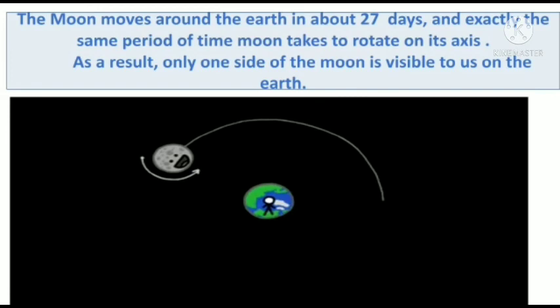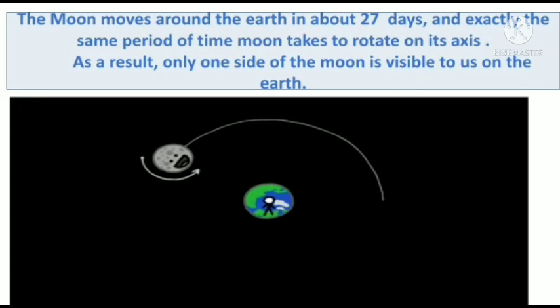This is the movement of the moon around the earth, 27 days, the same period as its rotation. Students, this is the single satellite explanation related to the solar system, because the moon is also part of the solar system. इसलिए हम इसको बीच में मिक्स करके पढ़ रहे हैं. ठीक है.